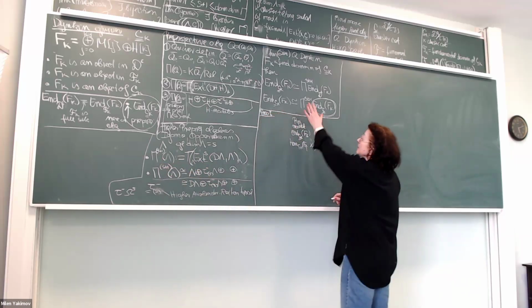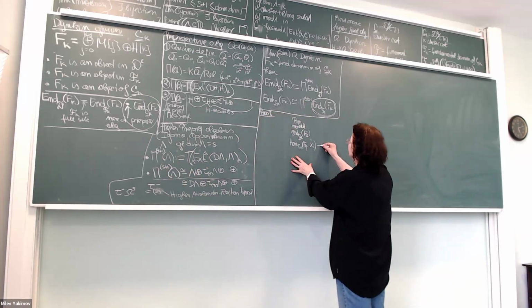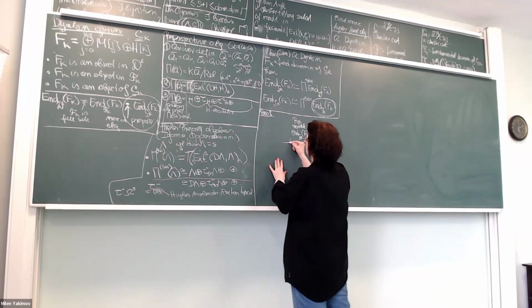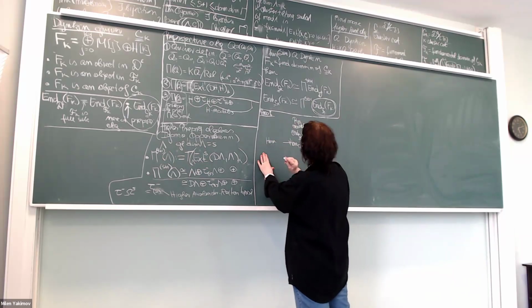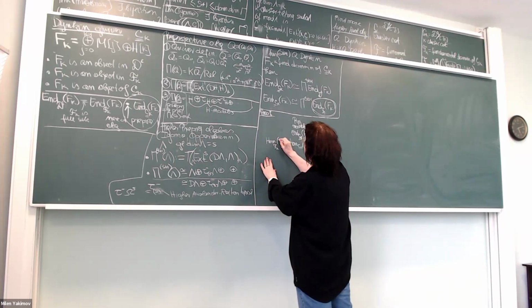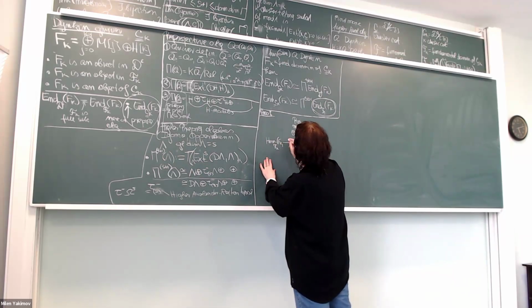Then there's a short exact sequence, and here is Hom over Fk of Fk to the same Xi.